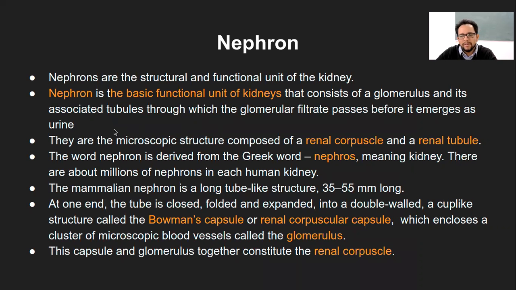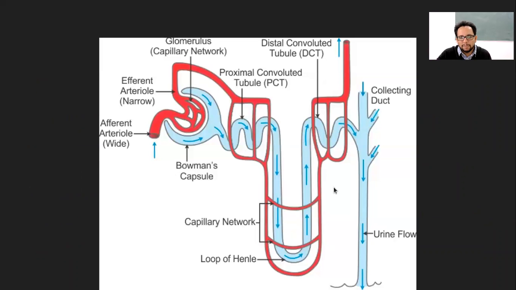So a nephron will consist of renal corpuscle, which is made up of glomerulus and Bowman's capsule, and the second part of nephron is renal tubule, which again has subsegments that we will see, specifically this proximal convoluted tubule, Henle's loop, this U-shaped body, and the distal convoluted tubule. So there are three segments of this as well.